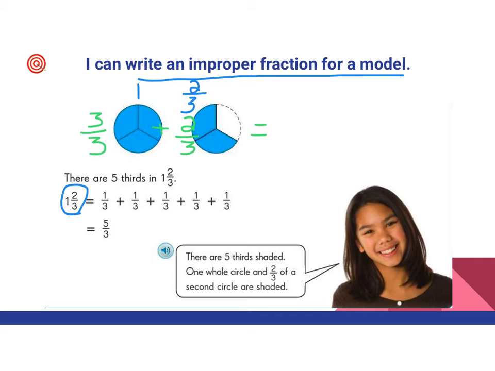And if I put them together, because I've learned how to add like fractions, I add my numerators to give me 5/3. So this model is showing 5/3.